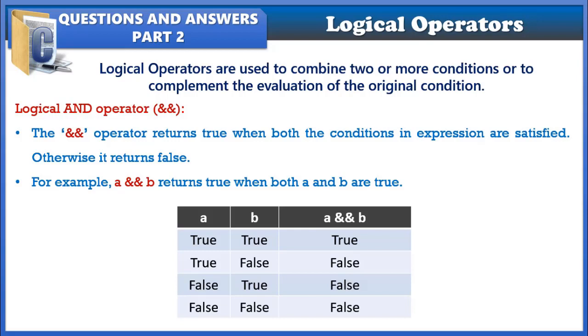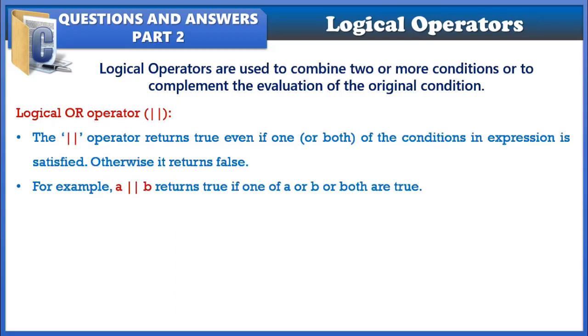If A is true and B is false, the entire expression will return false. If condition A is false and condition B is true, it will return false. And if both the conditions are false, the entire expression will return false. So we can conclude that when we use the logical AND operator, both conditions should be satisfied. At that time only does the logical AND operator return true.